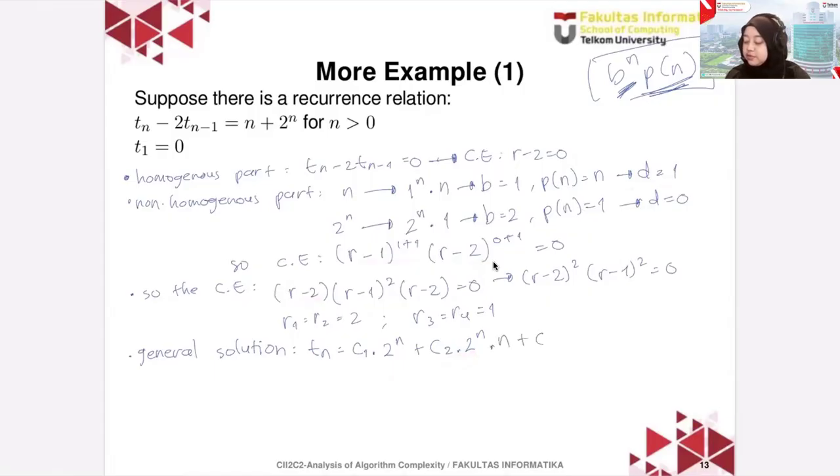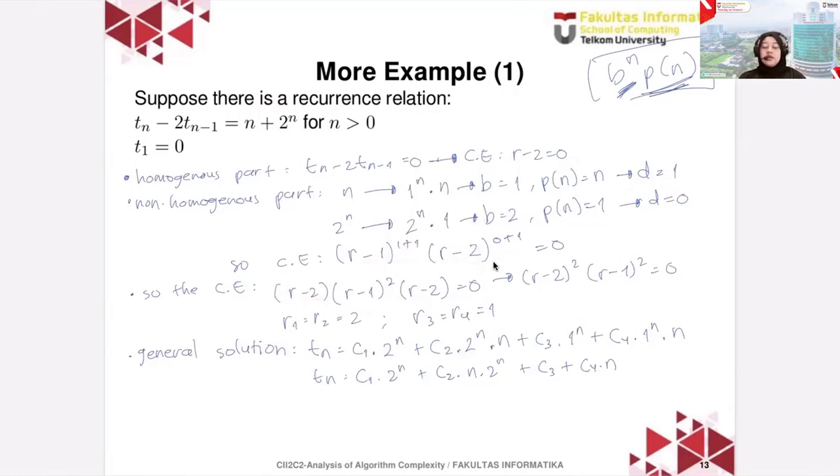And then we move to the second part. It is a new solution. And then the last part, it is the same solution, so we multiply it by n. Or we can write it as C1 times 2 to the n plus C2 times n times 2 to the n plus C3, because 1 to the n is always equal to 1, and C4 times n, like this.